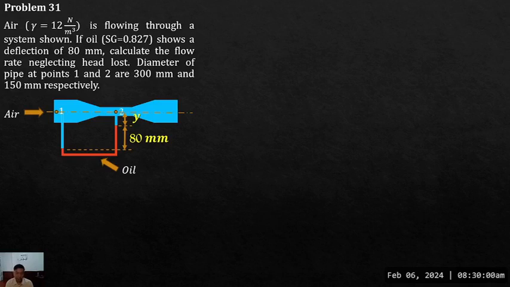Pero yung dulo sa point 1 is pitot tube yan. Okay? So, again, air is flowing through that system, and then oil with a specific gravity of 0.827 shows a deflection of 80 millimeters, as shown in the figure. So, calculate the flow rate, neglecting the head loss. Diameter of pipe at points 1 and 2 are 300 millimeters and 150 millimeters respectively.